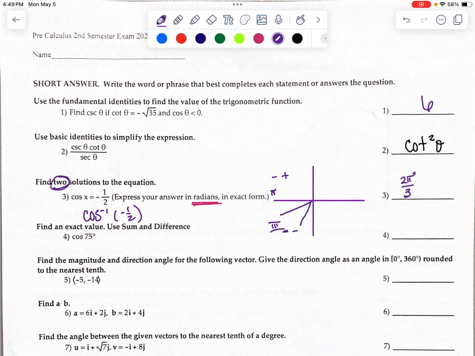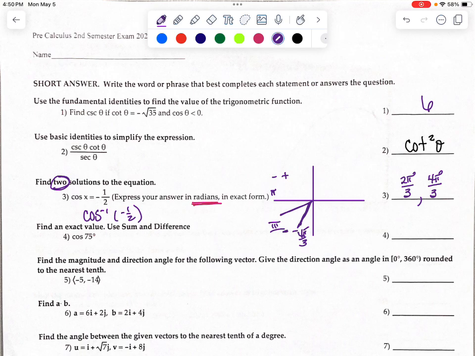If you're looking at your circle, that's 6, 7 pi over 6, 8 pi over 6. So that's going to be 4 pi over 3. So 4 pi over 3 is going to be the other angle. Just use that circle. I'm telling you, it comes in super duper handy. Okay, so that's the answer to number 3.